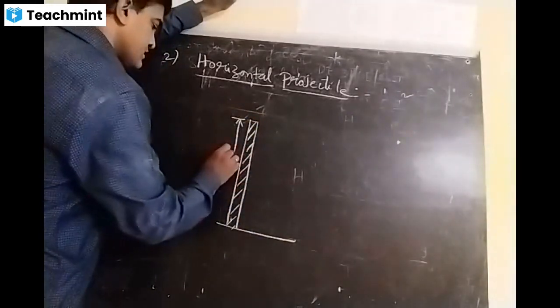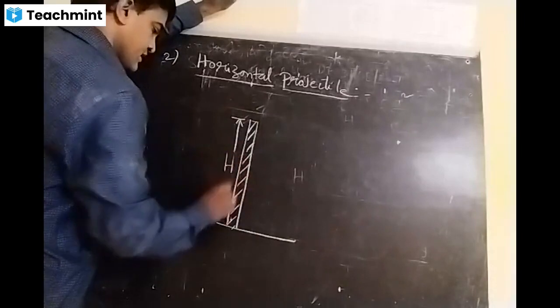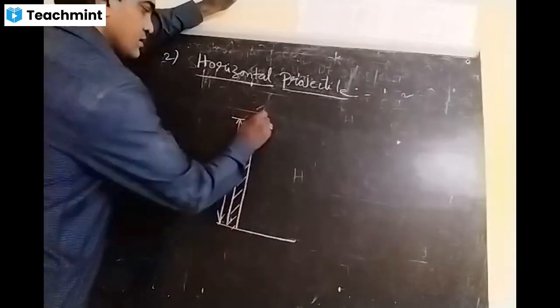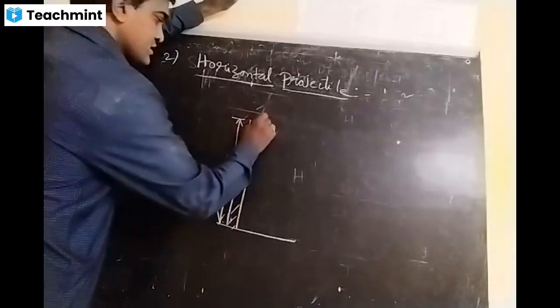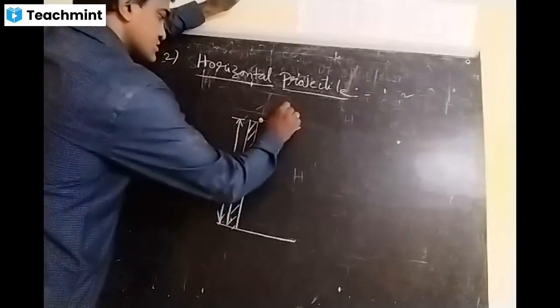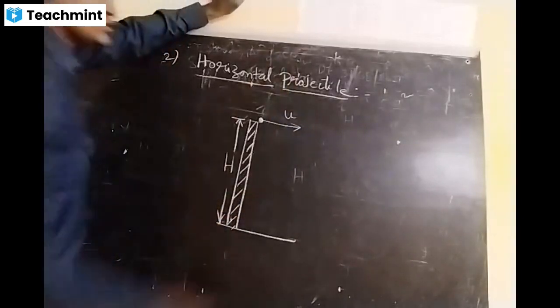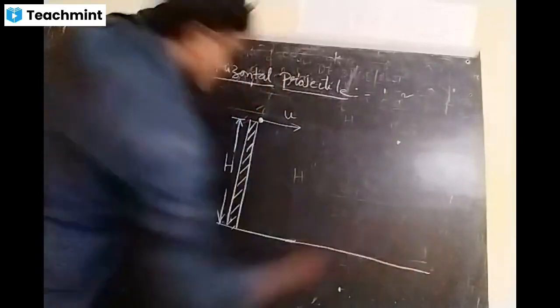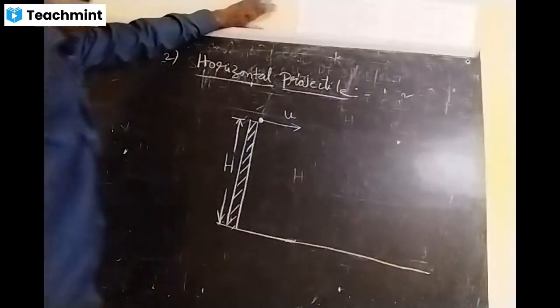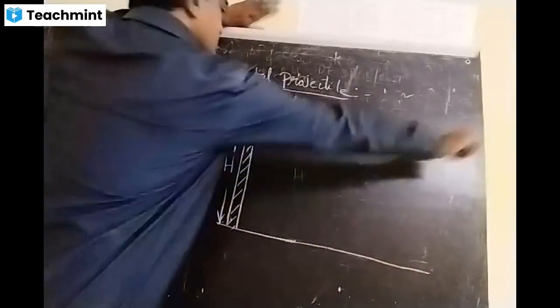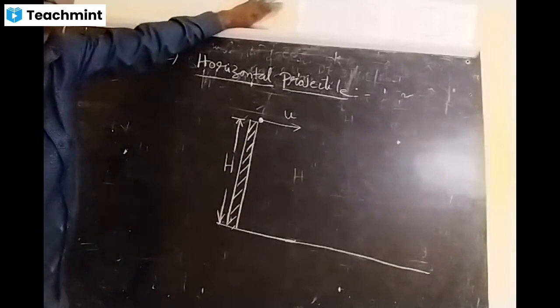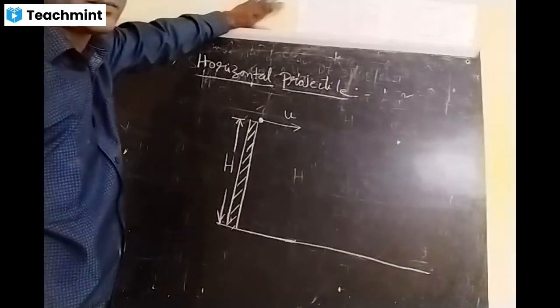Let me consider this as a tower of height h, and a particle is projected horizontally with some initial velocity u. How will it go? Will it go straight continuously? No, sir.